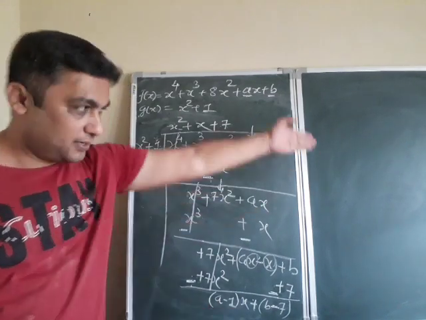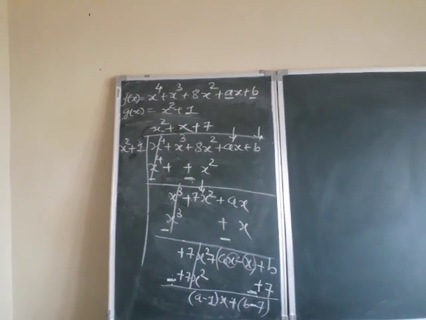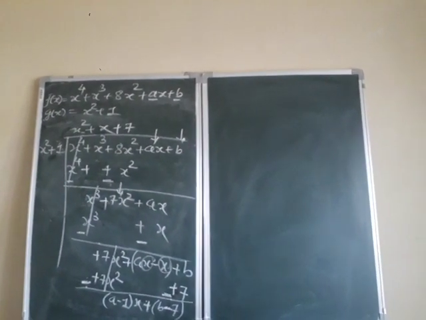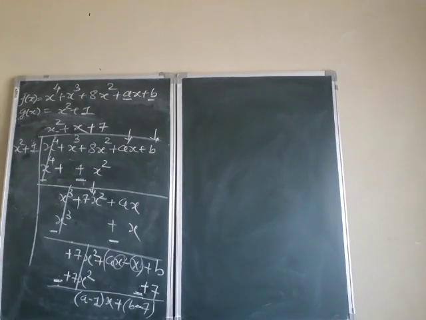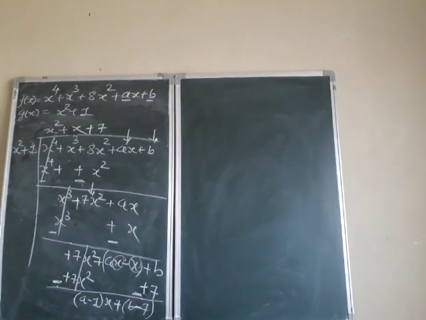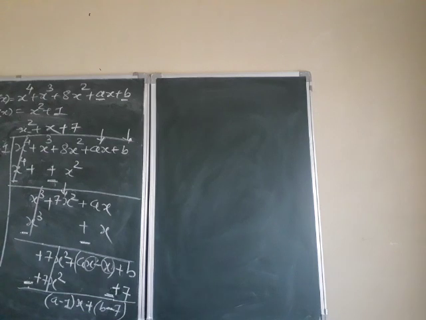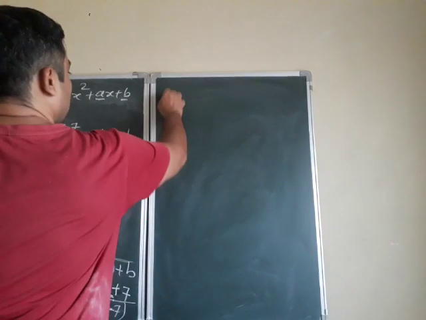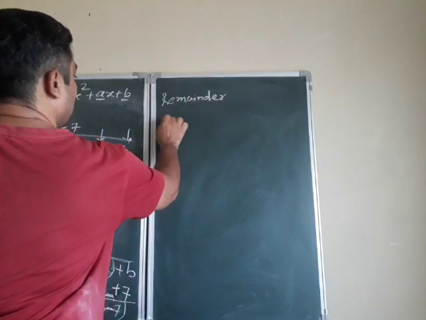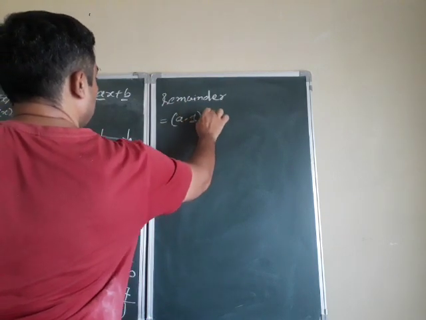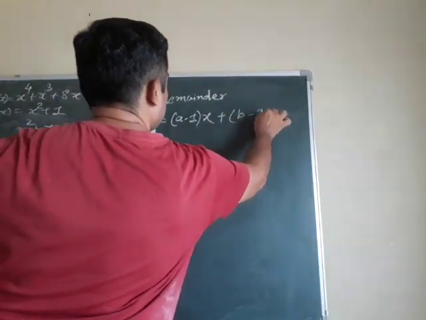Now this is my remainder. Come here. See, my remainder is equal to a minus 1 into x plus b minus 7.